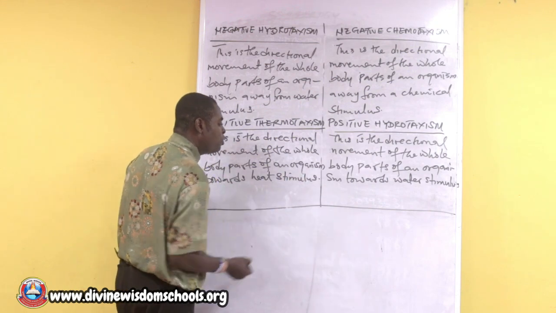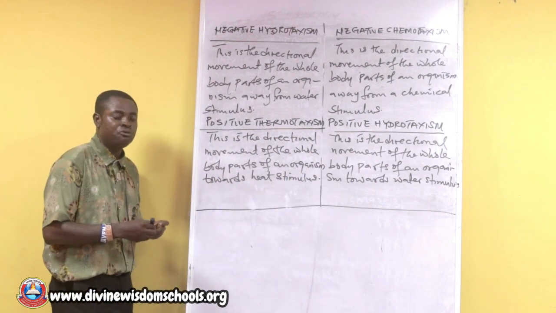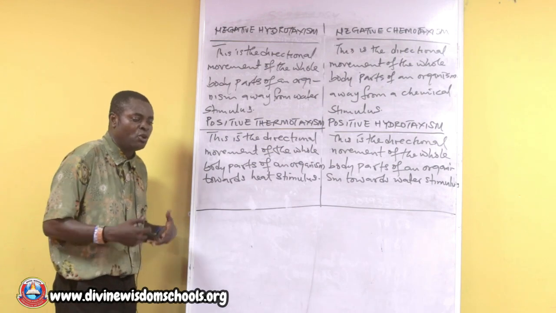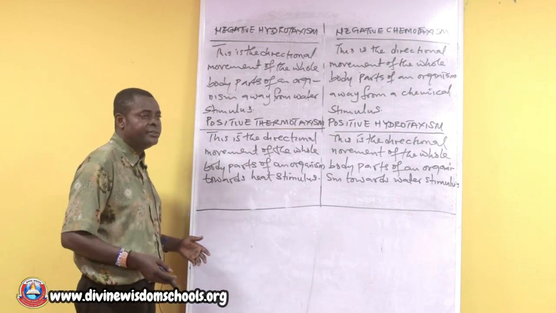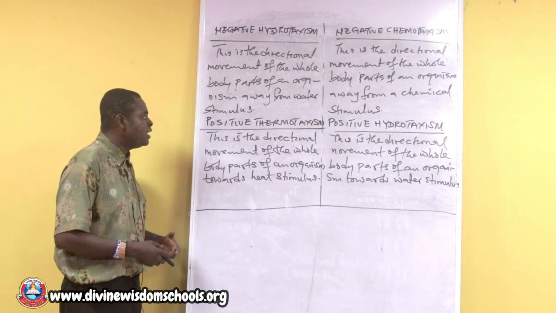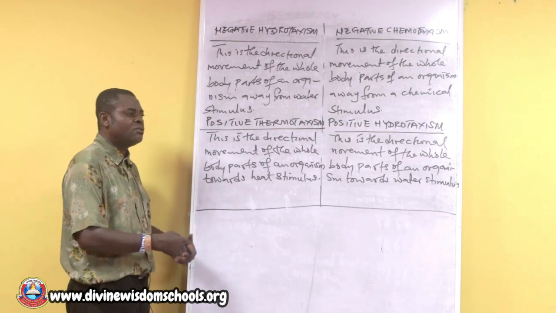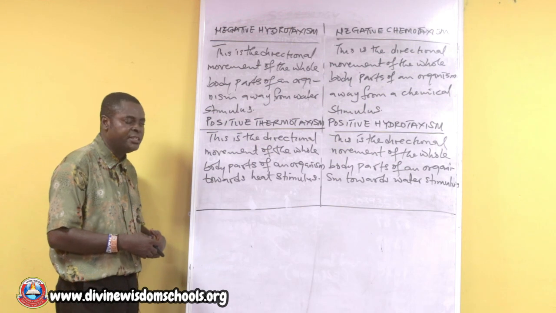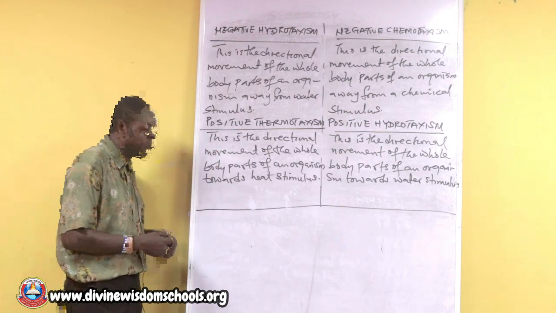Many of us during cold weather, we make firewood, and because the cold is too much, we get close to fire to become warmed. So in that case, because we are moving closer to high temperature of heat, then we have undergone positive thermotaxism.